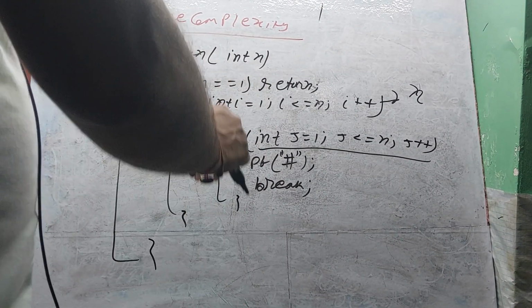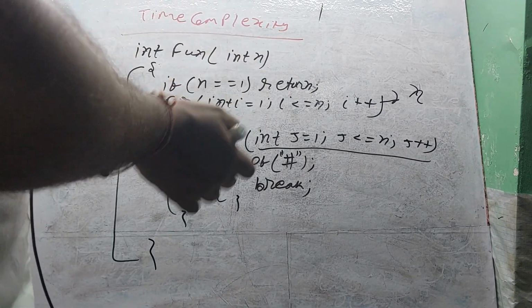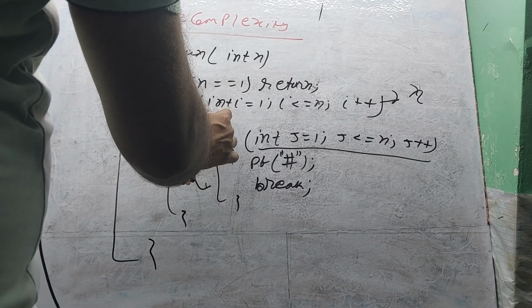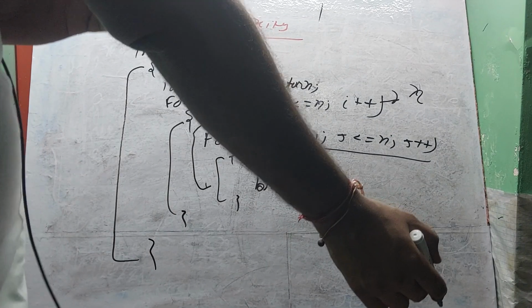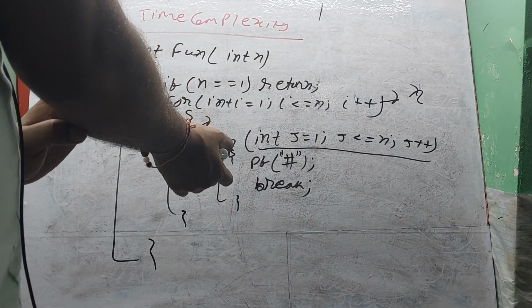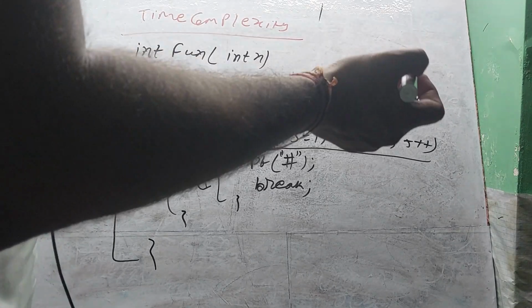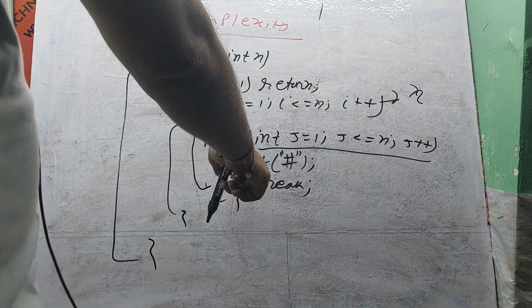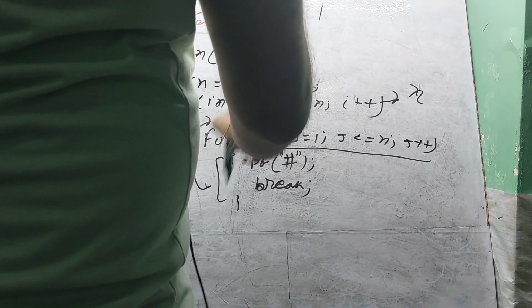If there is a break, then we need to get out of the loop and return to the outer loop. A return means out of the function, while break means breaking the current loop.